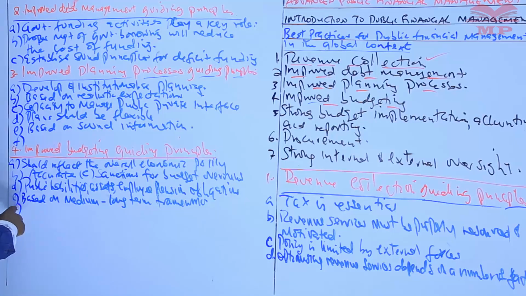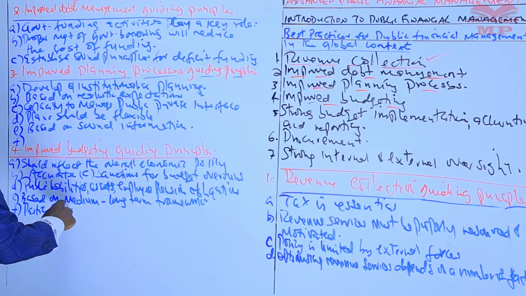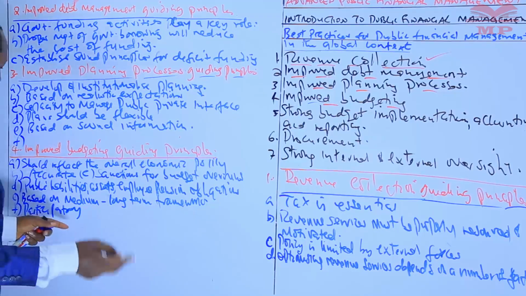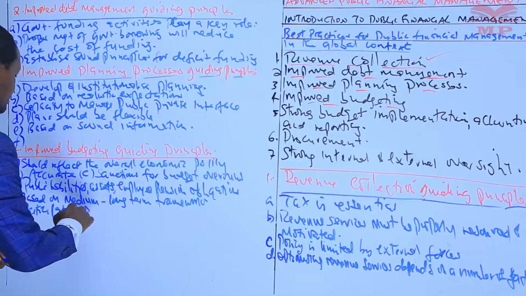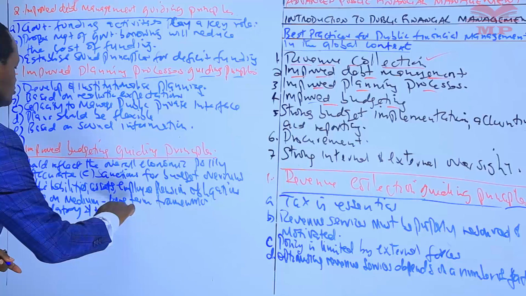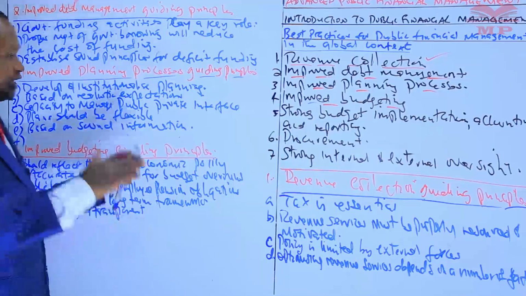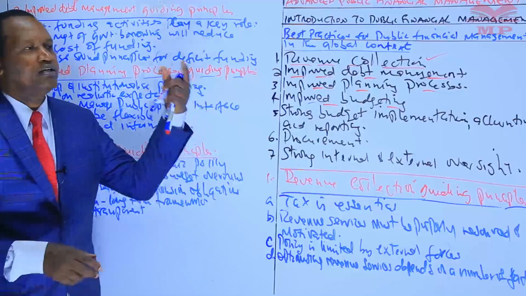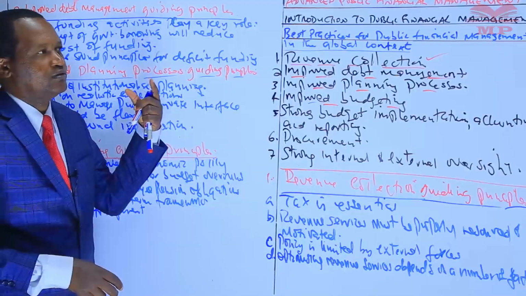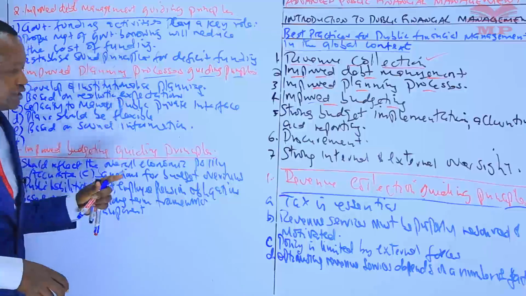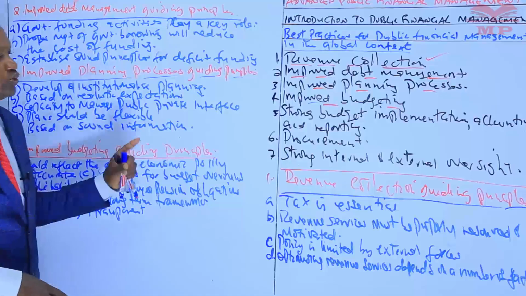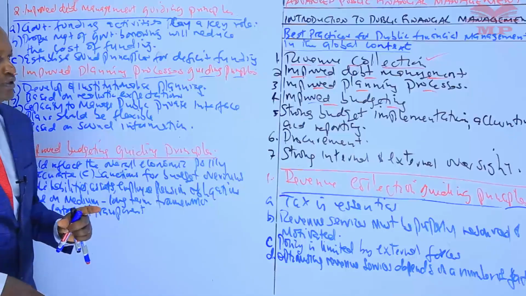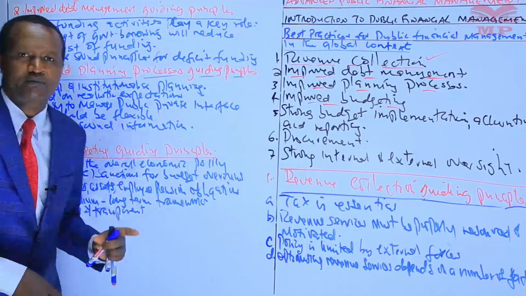It should also be participatory. Budget making should be participatory and transparent. That's why here in Kenya, the Cabinet Secretary for National Treasury is required to provide guidelines on how the members of the public should participate in budget process.